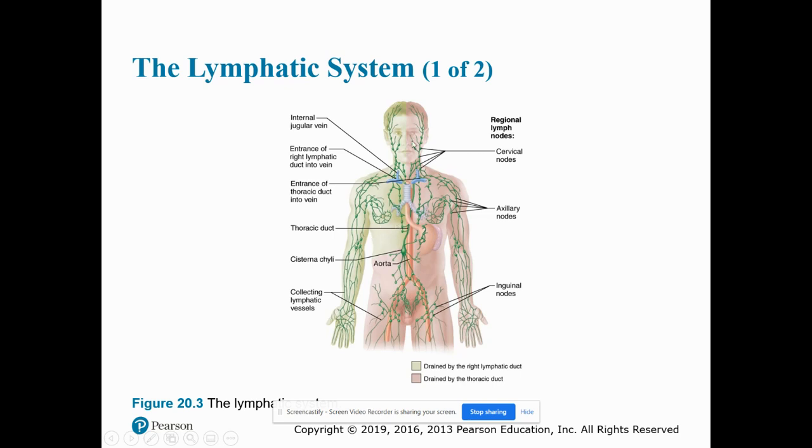So from here up, that's what's drained by the right lymphatic duct, and the thoracic duct drains the rest. This is also showing a little bit of the circulation pattern in the lymphatic system through the body, and this is the cisterna chyli right here, that enlarged sac that 50% of individuals have.